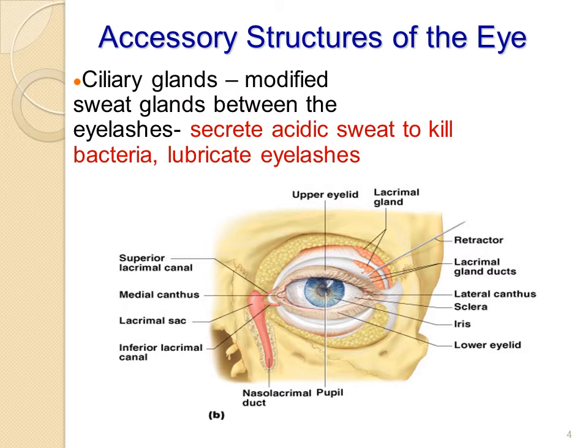In this picture we can see the lacrimal gland and the structure of the eye. We can also see the eyelashes. These are the accessory structures of the eye.